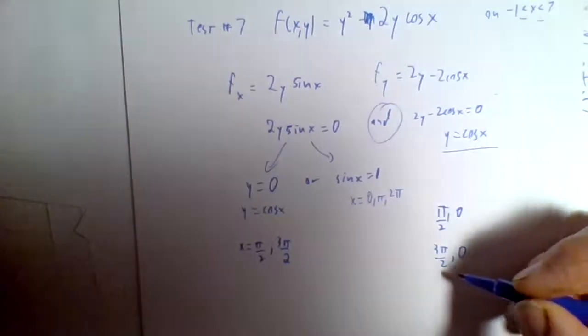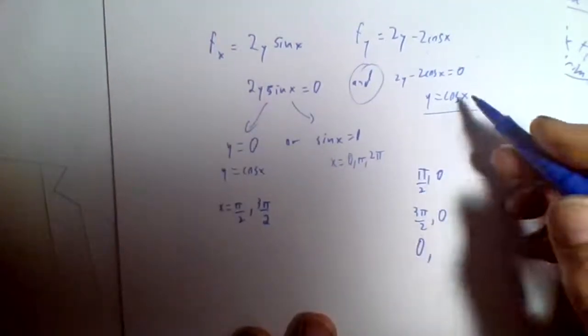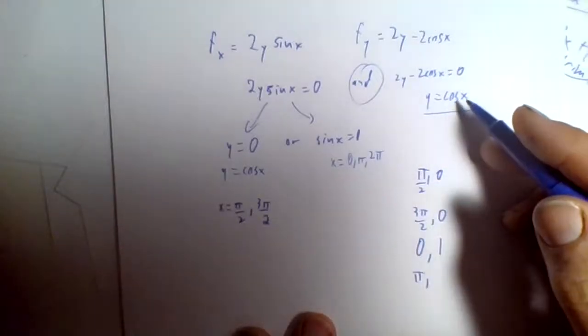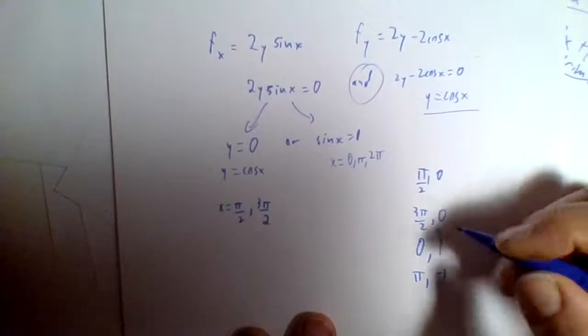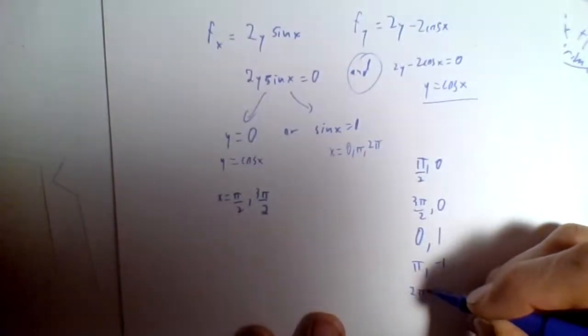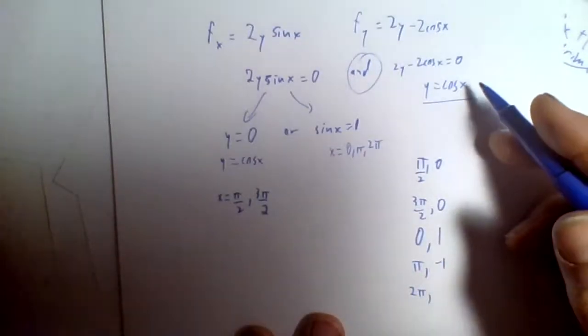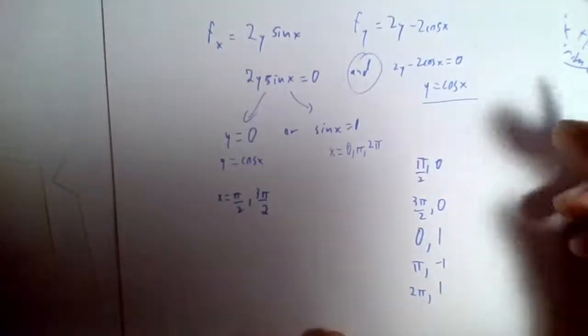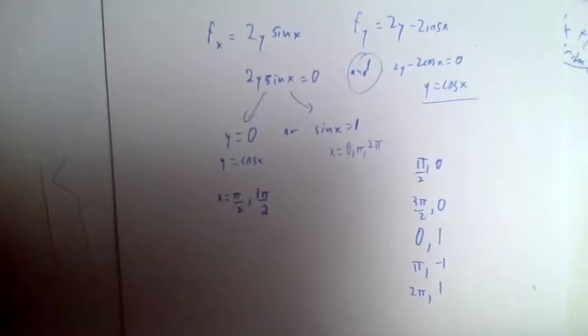So you'd have x is 0, cosine of 0 is 1, or x is pi, y is cosine of pi, which is -1, or x is 2 pi, cosine of 2 pi is +1 again. So you get a sense of what might be max min stuff here. That looks right for that one.